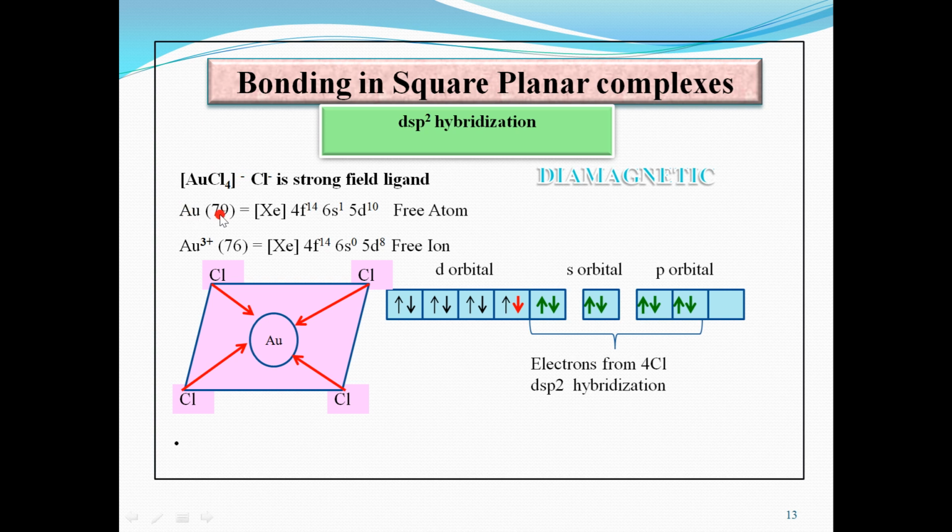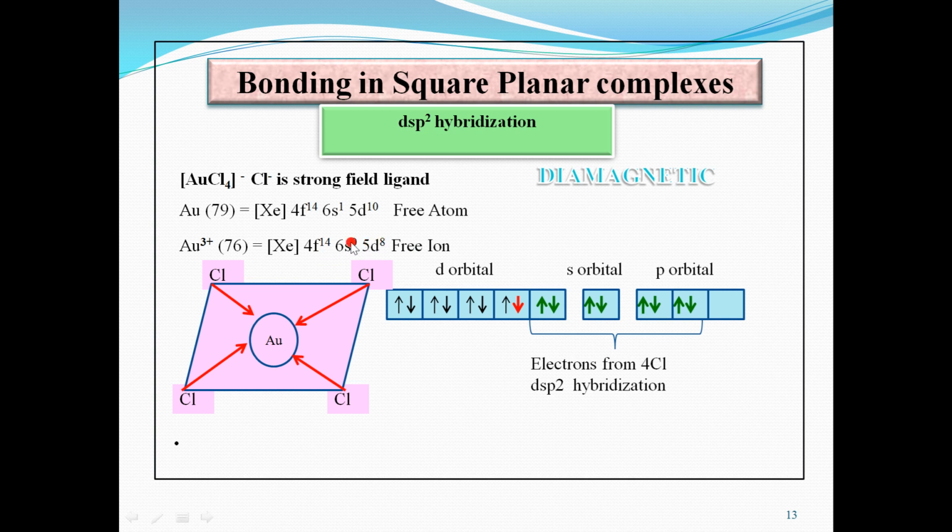Gold has atomic number 79, and its ground state electron configuration is 4f14, 6s1 and 5d10. When the metal forms its ion, Au3+, 3 electrons are lost from this valence shell, so the configuration is 4f14, 6s0, 5d8.